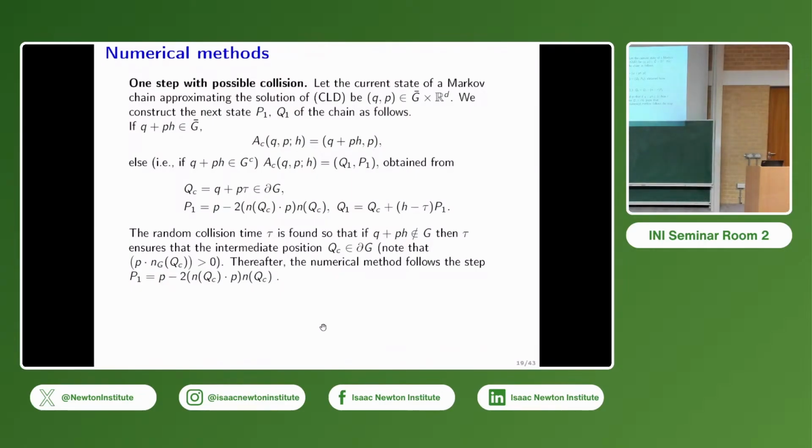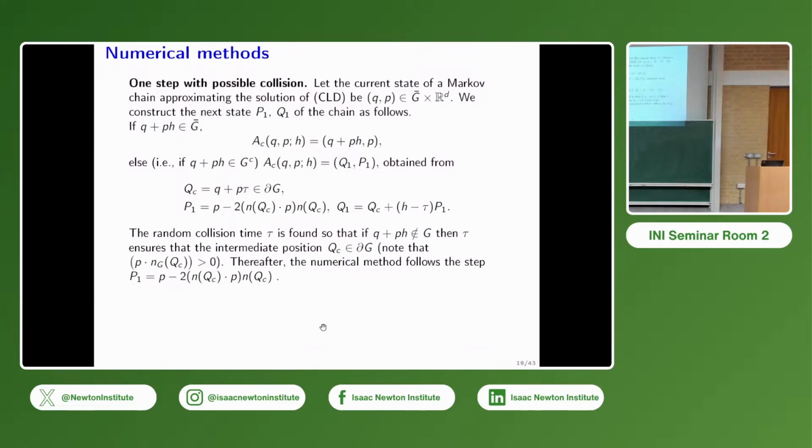So if my Q is here, I propagate, getting Q plus pH. And if my new state, which will be denoted as Q1, is inside, I don't need to do anything. It's all fine.